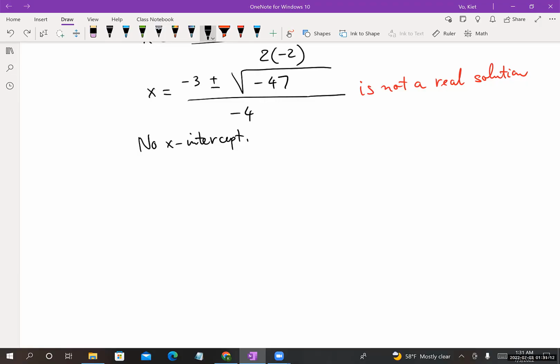So let's do an example involving maximum and minimum.